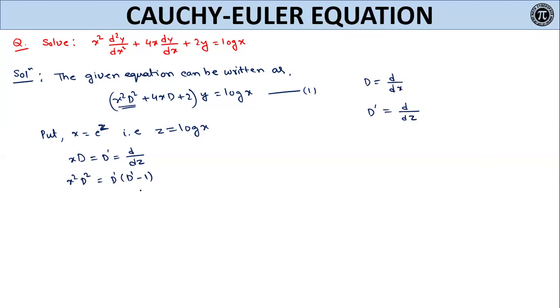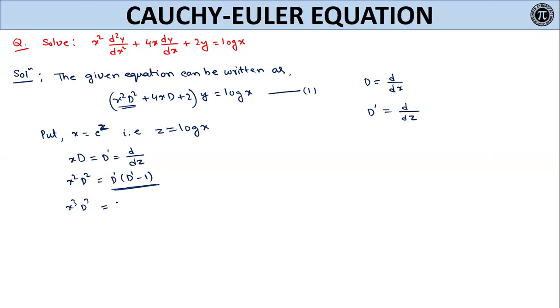Actually, I can explain how you get this D dash into D dash minus 1, but in that case the video will be lengthy, so no need to explain these parts. Just write D dash into D dash minus 1 in place of x square D2. Suppose the equation is a cubic equation, or a third order equation, so x cube D3.